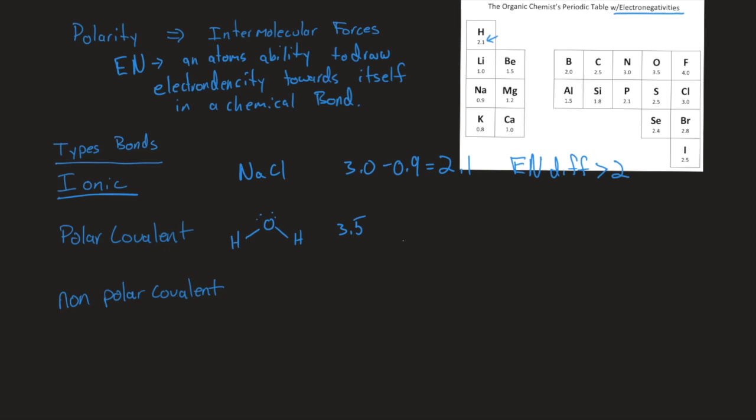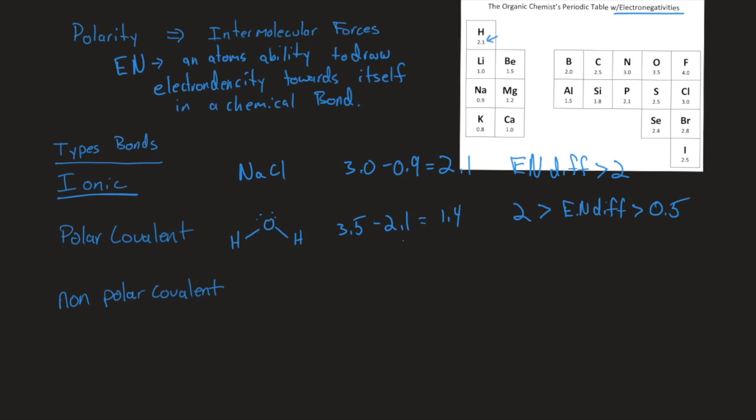Hydrogen, on the other hand, has an electronegativity value of 2.1. And so that leads us to a difference of 1.4. An electronegativity difference between 2 and about 0.5, we're going to call a polar covalent bond.